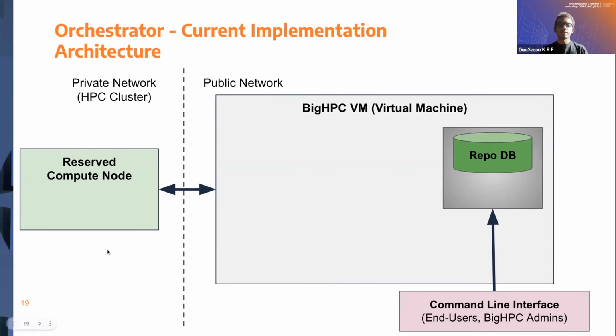This implies that we cannot access these nodes directly over the internet. Then on the right-hand side, in the public network, we have a BigHPC virtual machine. This virtual machine and the services running inside it can be accessed over the internet and are publicly available. This means that multiple HPC sites can access the BigHPC VM services via the internet.